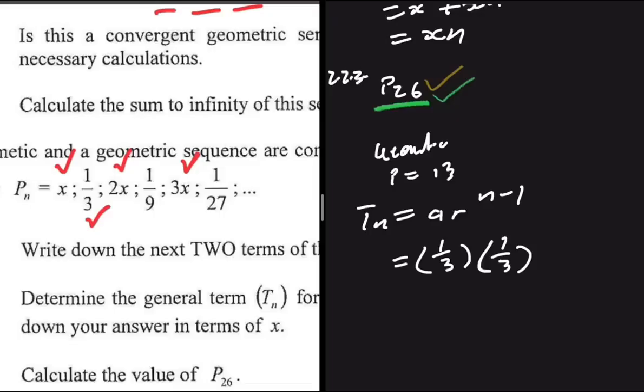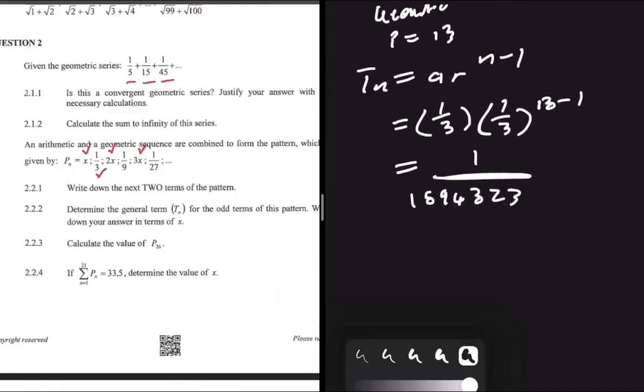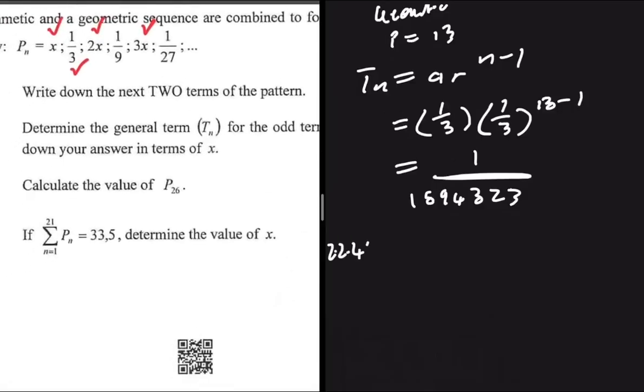We're looking for position 26 in our pattern, which is position 13 in our geometric sequence. So we're going to have 13 minus 1. That gives 1 divided by 1594323.